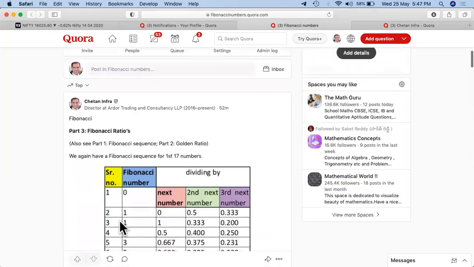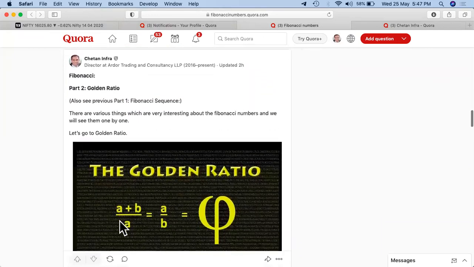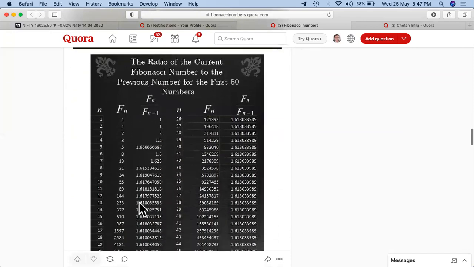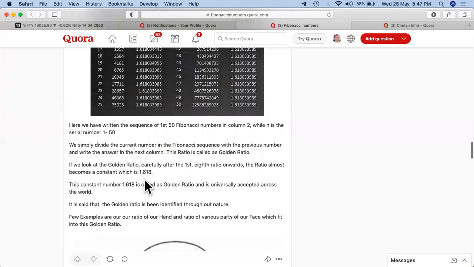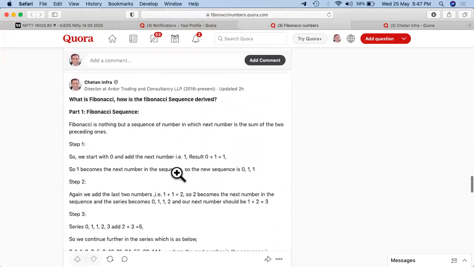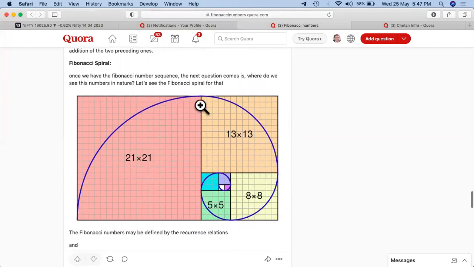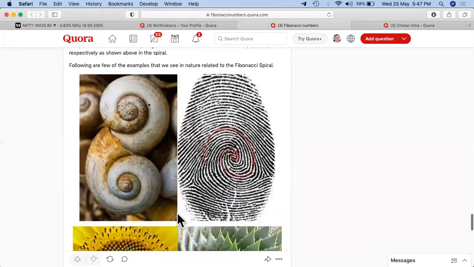And we saw the golden ratio. The golden ratio is 1.618, right? After maybe the first 6, 7, 8 numbers, you get almost the same ratio, which is 1.618. So that ratio is called the golden ratio. We can see various ratios which are there in nature, right? And we saw the Fibonacci spiral, and we saw various examples of Fibonacci spirals in nature, right?